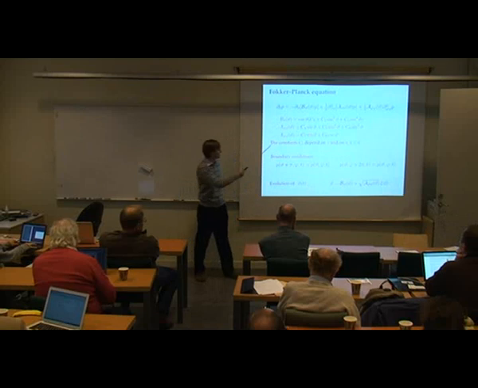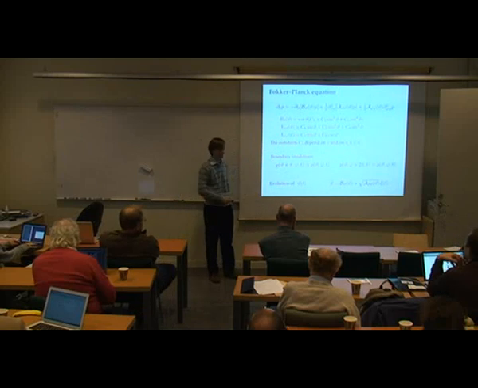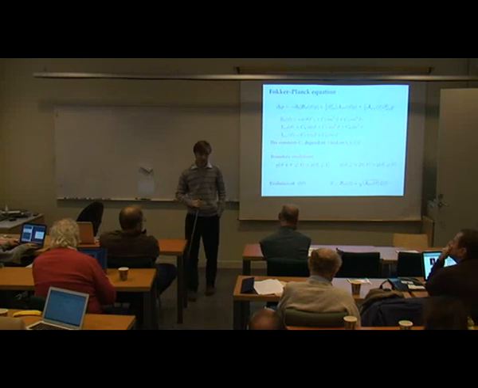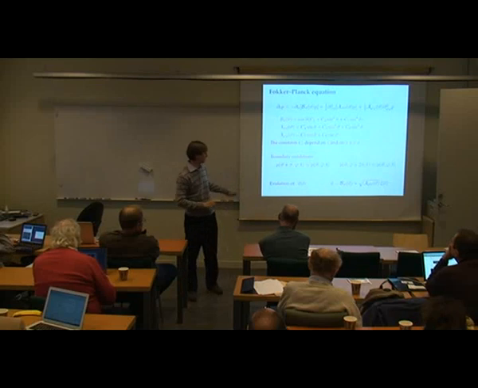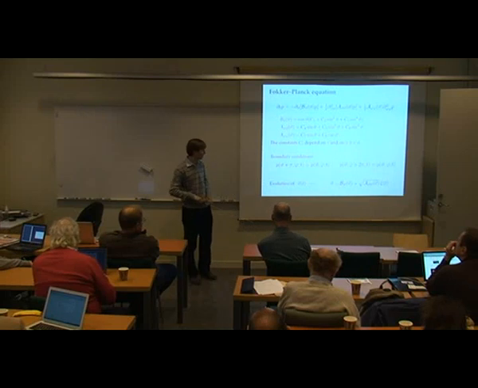A couple of comments on this slide. This equation must be solved with periodic boundary conditions. In this particular case, these conditions imply that the probability current is zero, so the problem is easier to solve.